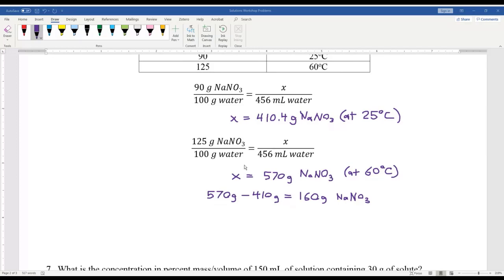Now, just as a side note, another thing that you could do here is use your solubility as a conversion factor if you wanted to. I could have started with my solution.